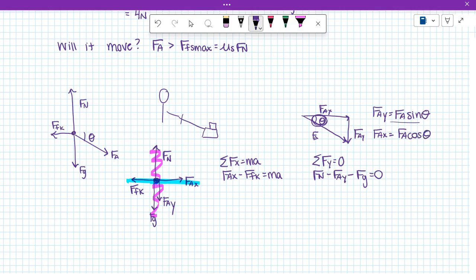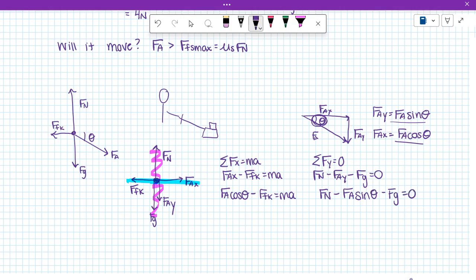So now I can plug that in. Fa cosine theta minus force of friction is ma, and my normal force minus Fa sine theta minus Fg is 0.